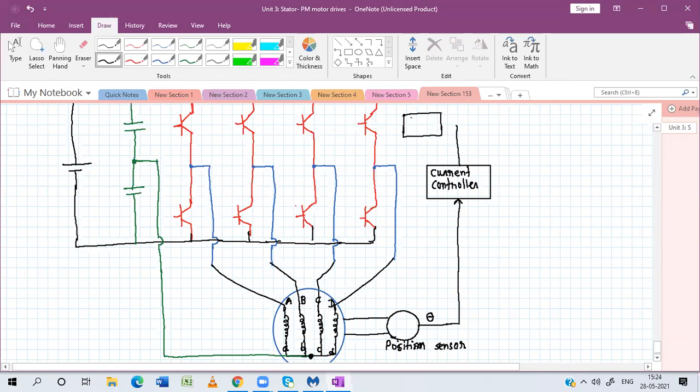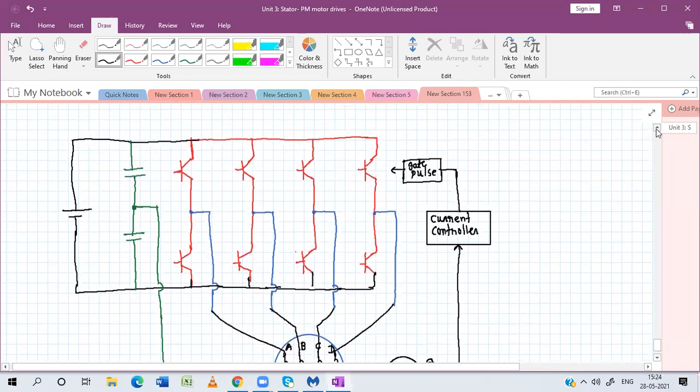So it is giving a gate pulse to the different power devices which we want to turn on. Now, as we know, we are connecting a freewheeling diode. So across this you can connect a freewheeling diode.